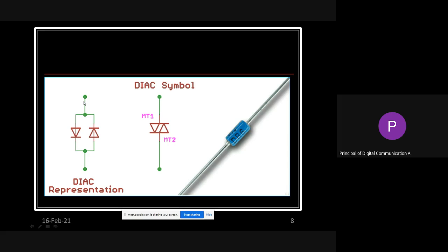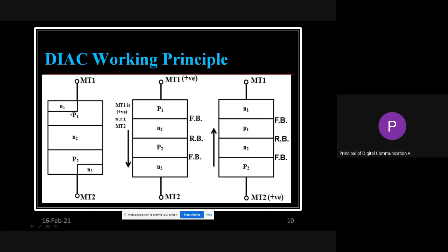So that is interconnected, and the name given to that one terminal is MT1. Here also the negative and positive, so both are connected to MT1. Positive and negative both are connected to MT2. Got it?